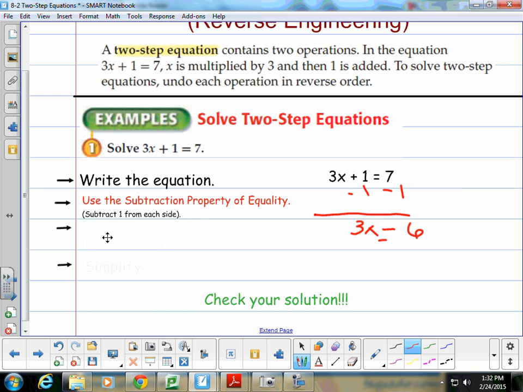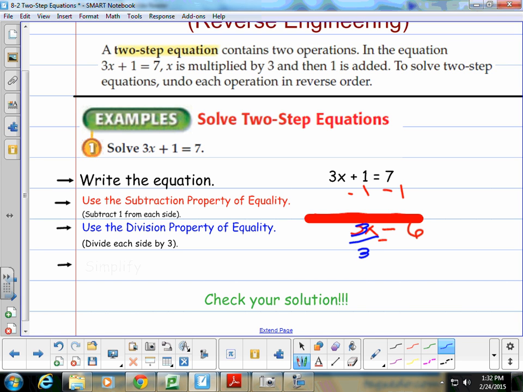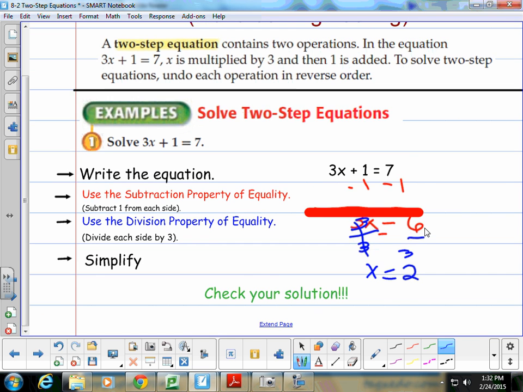A little bit messy. From there, you use the division property of equality, which means you're going to divide by 3 on both sides because you have a 3x here. You divide by 3 to get x alone because 3 divided by 3 is 1, leaving just x. 6 divided by 3 happens to be 2, and what we call that is simplifying. x equals 2 is simplifying.